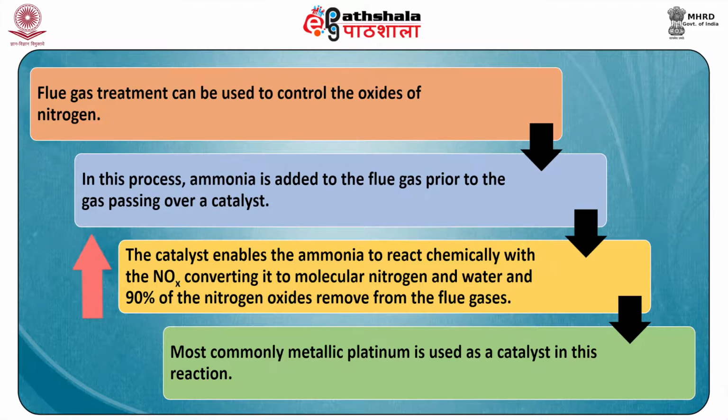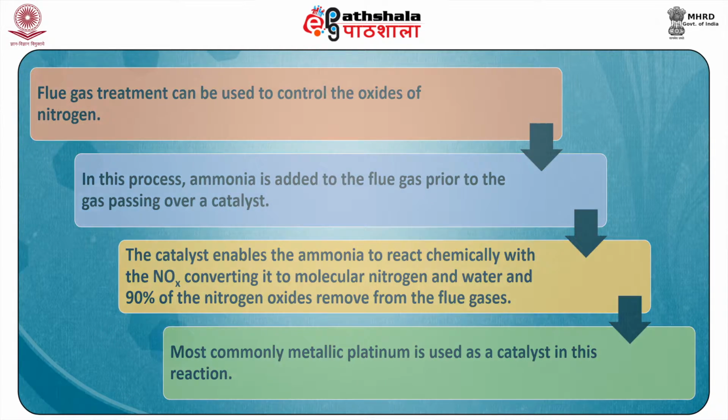In this process, ammonia is added to flue gas prior to the gas passing over a catalyst. The catalyst enables the ammonia to react chemically with the nitrogen oxides, converting it to molecular nitrogen and water, and 90% of nitrogen oxides are removed from the flue gases. Most commonly, metallic platinum is used as a catalyst in this reaction.